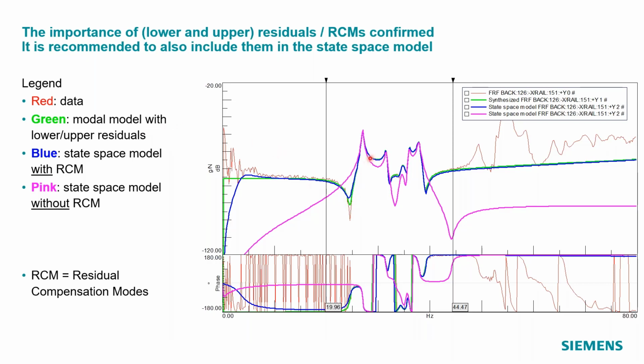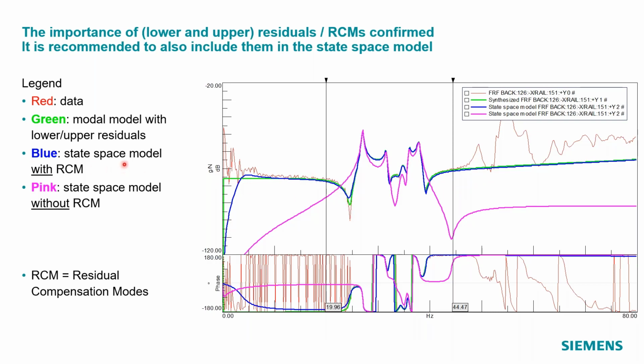So we have good representation of the data inside the frequency band, but we also need to include some lower residual behavior and some upper residual behavior to really model the dynamics of the modes outside the band within the band of interest. So outside the band, of course, we didn't look at this data. We only looked at the effect of the modes inside the band. And so we need to include a residual, and the same for the lower frequencies. Otherwise, we would not get a nice fit.